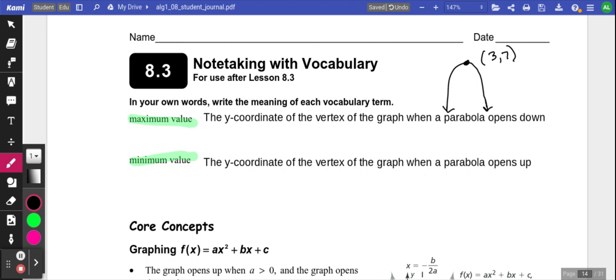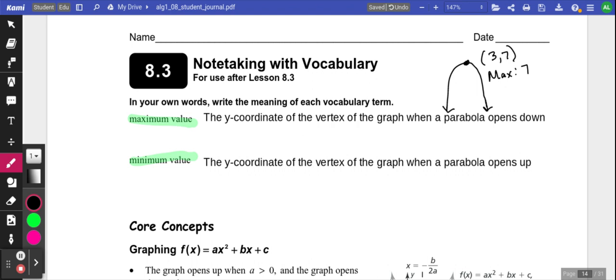You always want your vertex to be an ordered pair. You would say it has a maximum value because it opens down, and you use your y-coordinate. It has a max value of 7.